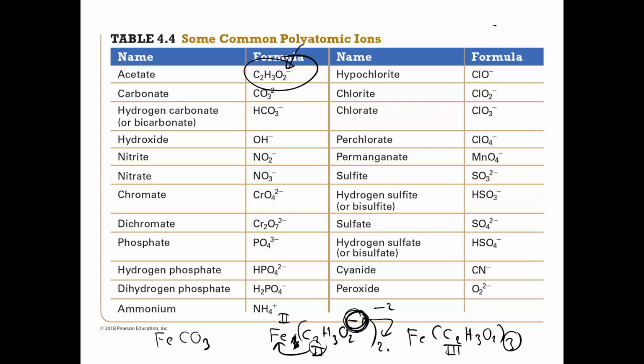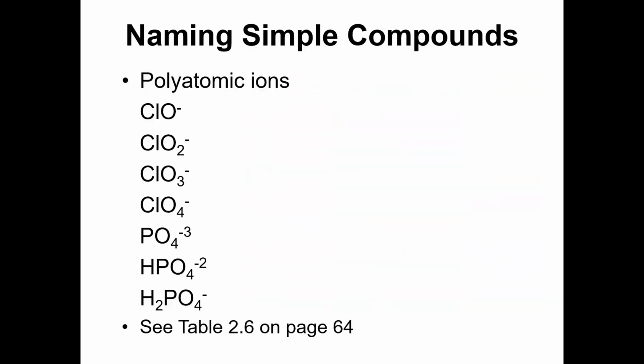So memorize these, make yourself flash cards, whatever it is. Be ready for the exam. Here's a few more. Okay, so remember with maximum and minimum we had chlorate here. This is chlorate, and this is chloride.